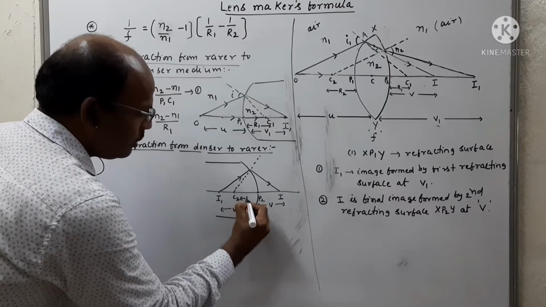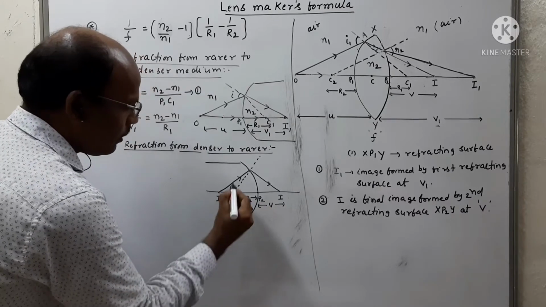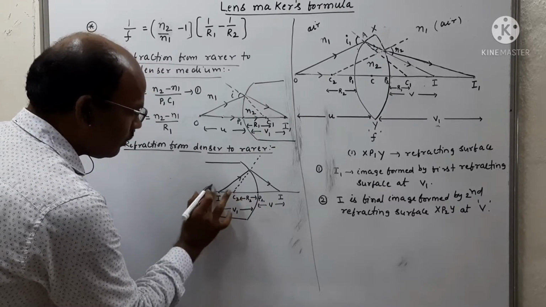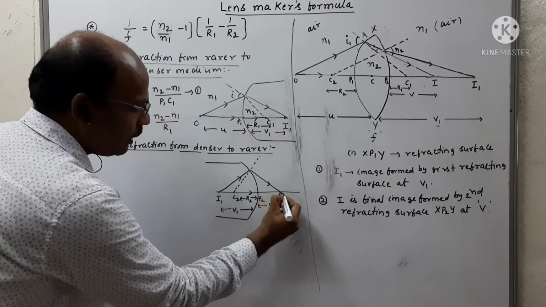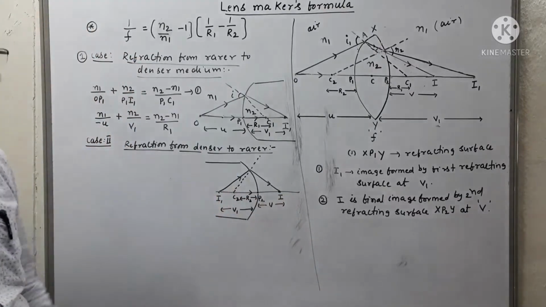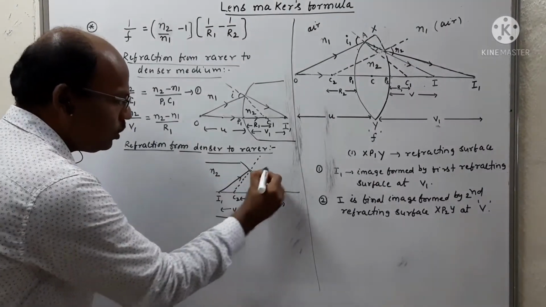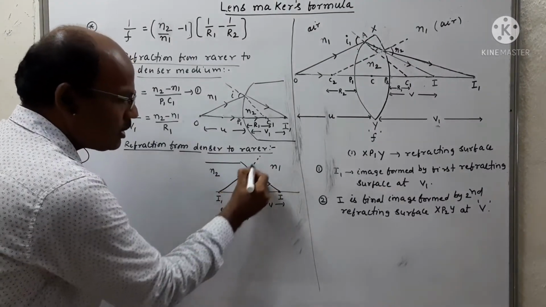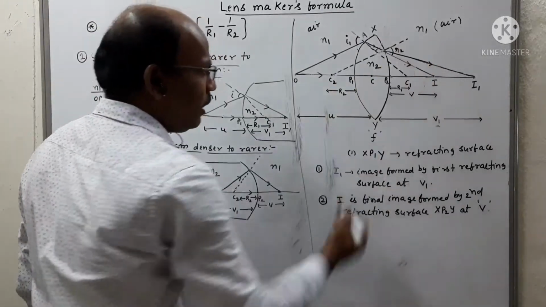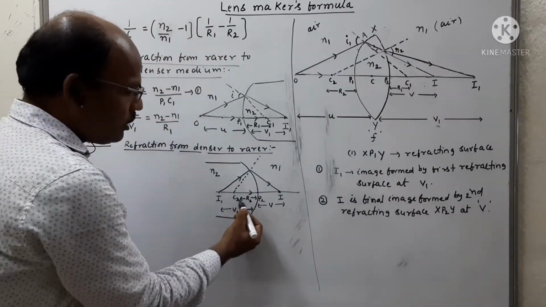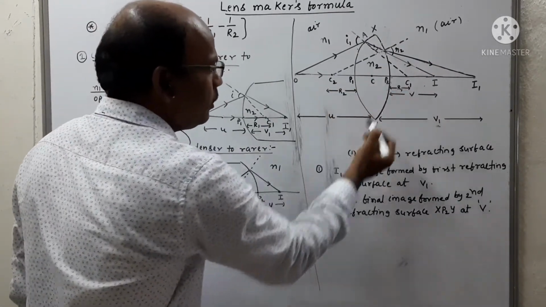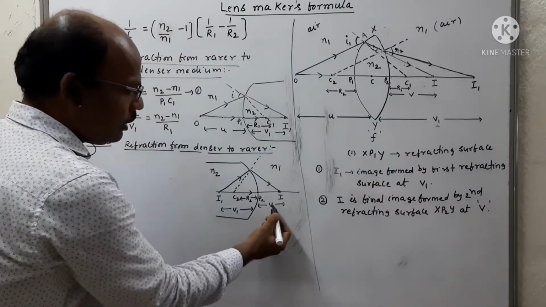This value is R2. So this is one ray, and this is the refracted ray. This is the refraction from denser to rarer, N2 to N1. This is the normal, and we can observe C2 P2, and V1, that is V.